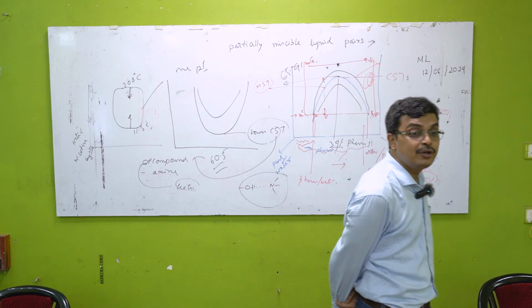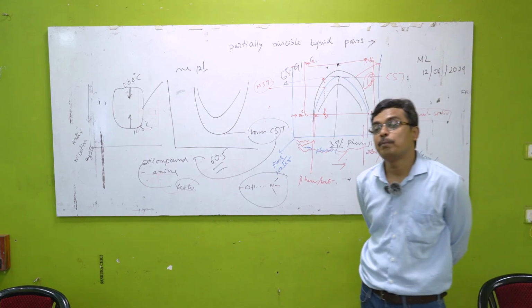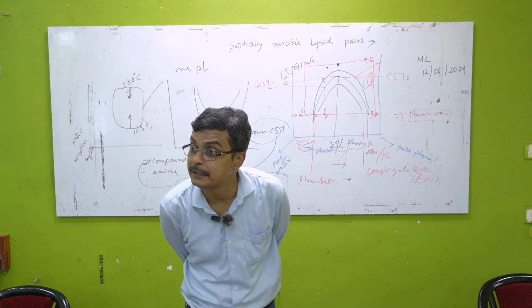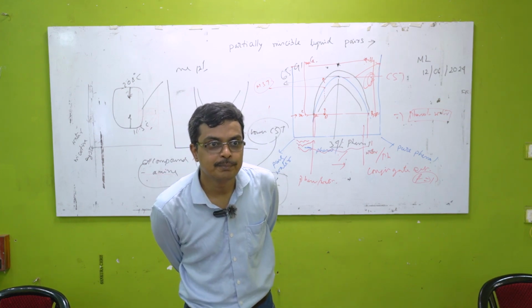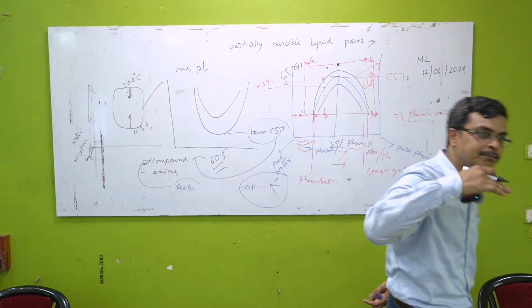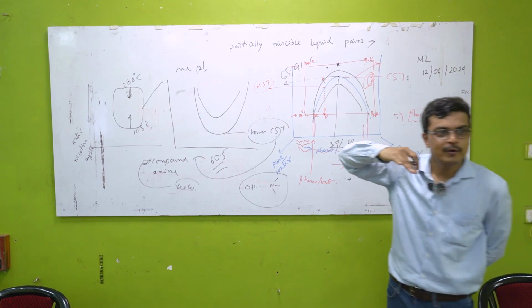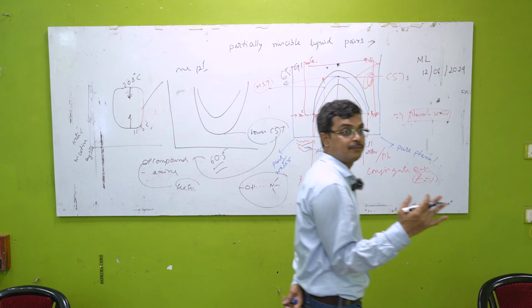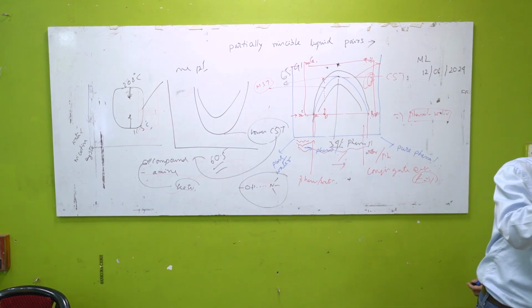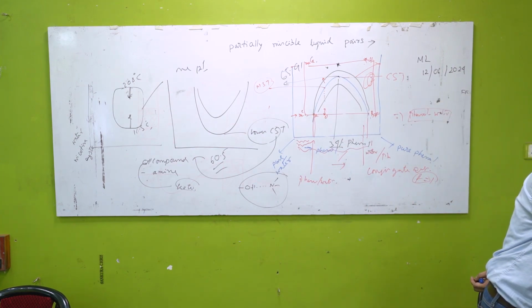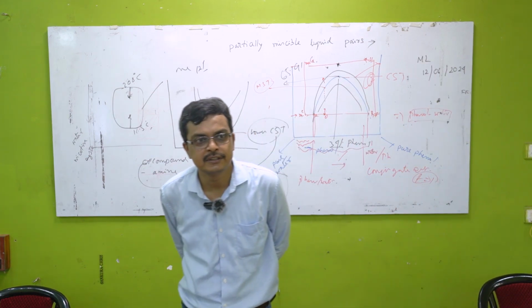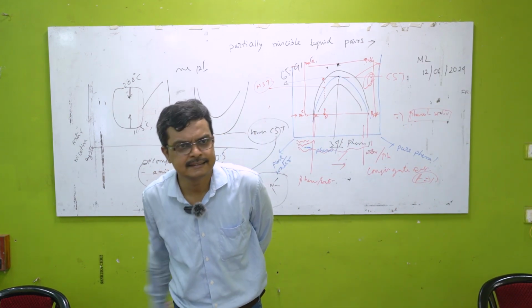Why? Because in most cases, the upper critical solution temperature is greater than the boiling point of the liquids. So before you attain CST, they vaporize. So at high pressure, when the boiling point increases, only then can you experimentally find the upper critical solution temperature for those systems.